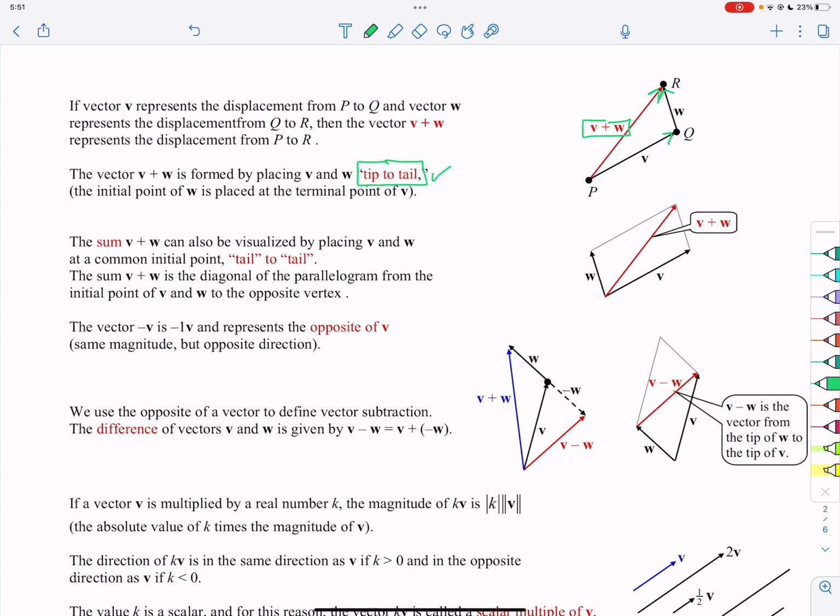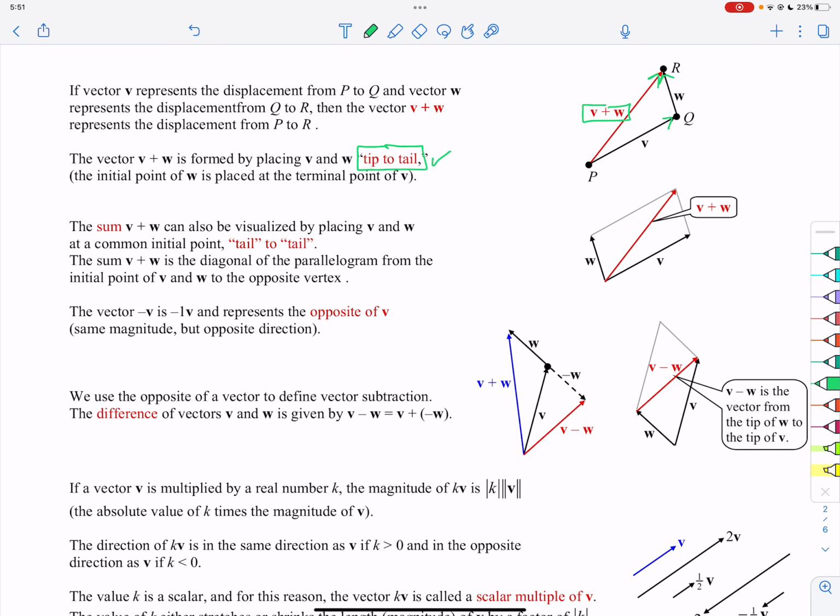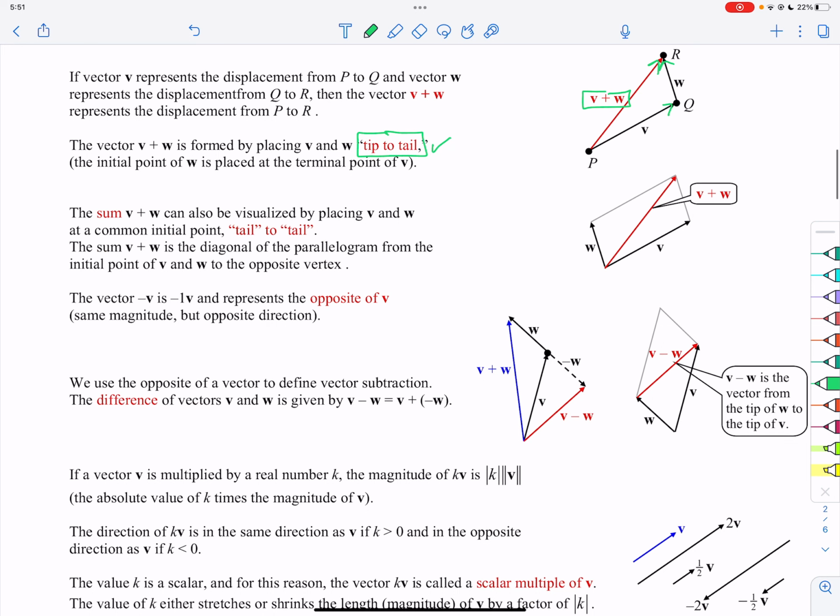So the initial point of W is placed at the terminal point of V.